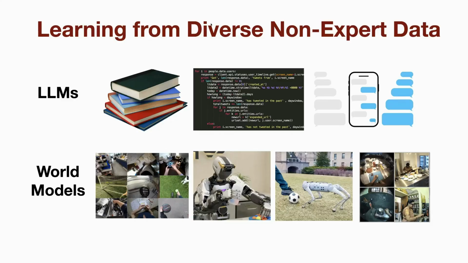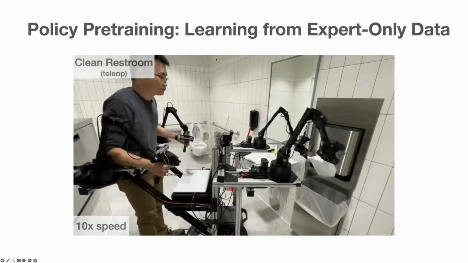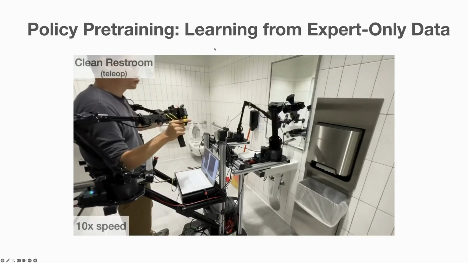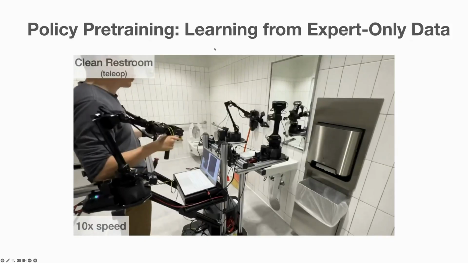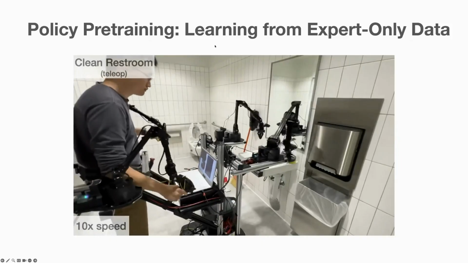Similar to LLMs, world modeling in robotics could include really high quality data like demonstrations, or it can also include data from different embodiments like robot dogs, humanoids, or egocentric human data. In contrast, policy pre-training can only learn from expert-only data, because that represents high quality behaviors, and that typically requires humans having some tasks in mind as well.